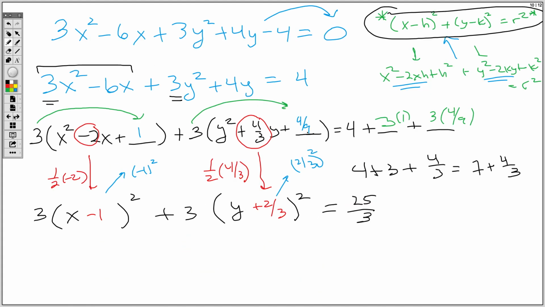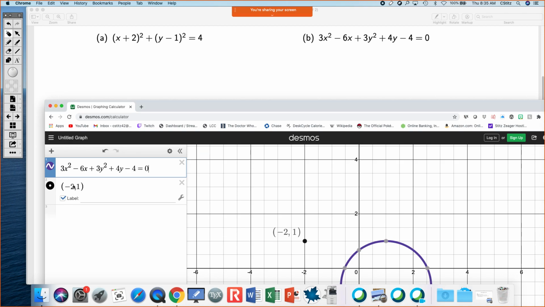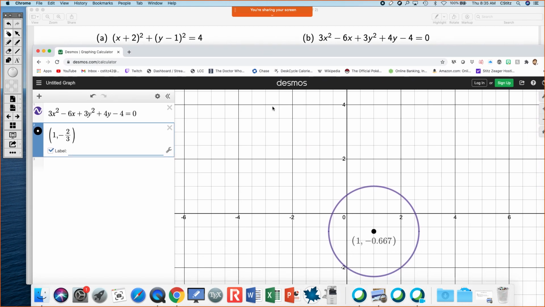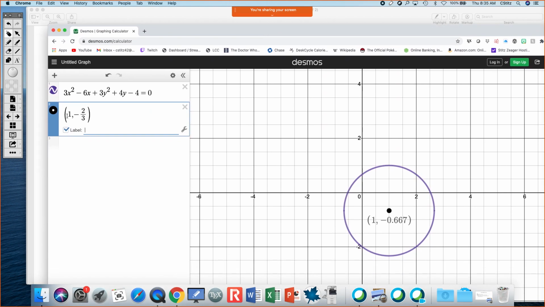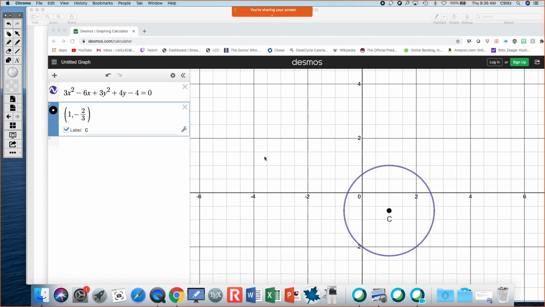And 1 comma negative 2/3 is where we think the center is. Label that. Boom. Okay, so we'll call that C. There we go. And we think the radius is what? 5/3?